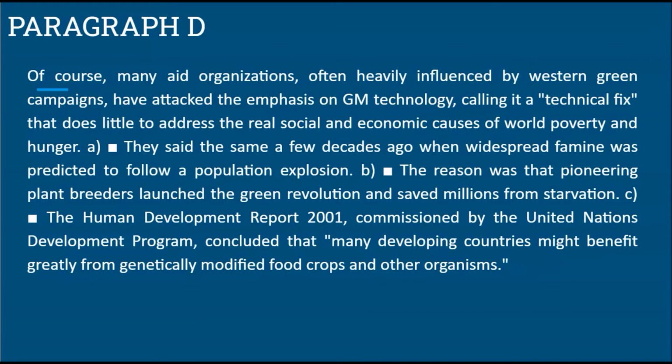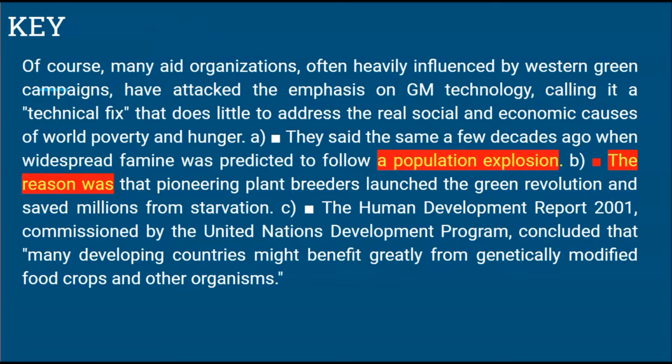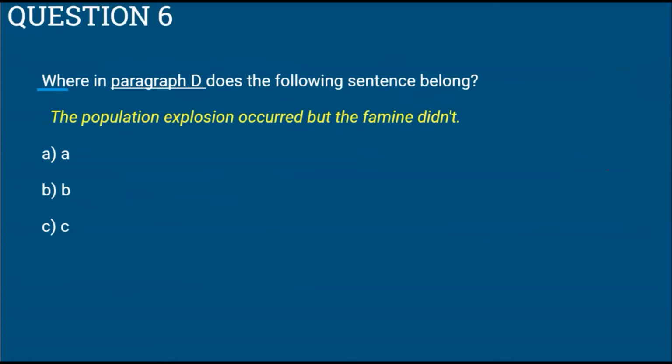goes. In this paragraph, we understand that there is a criticism made by some aid organizations on GM technology. They call it a technical fix, right? So these people also said the same a few decades ago when widespread famine was predicted to follow a population explosion. And our focus sentence says the population explosion occurred, but the famine didn't.